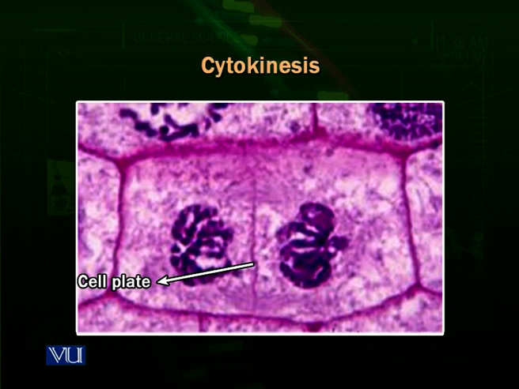This cell plate has components of the cell membrane and the cell wall, so that it can form the membrane to separate the cells and then the cell wall as well. After that, the cell divides into two different cells.